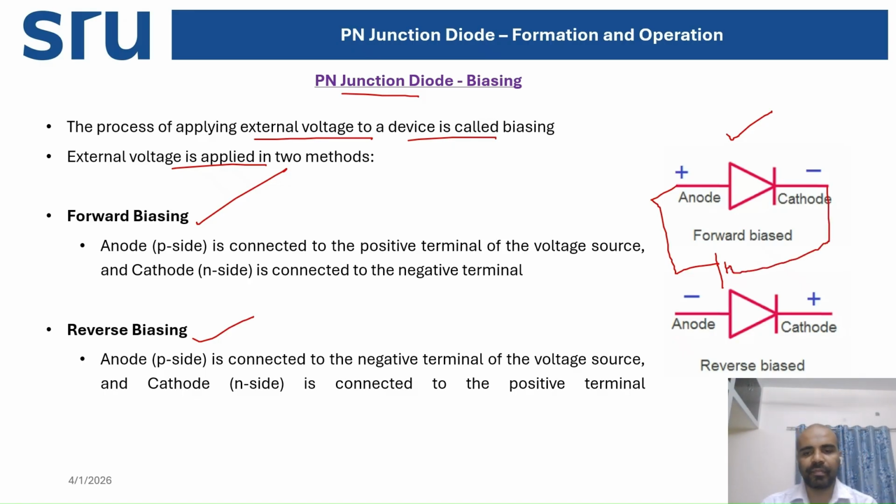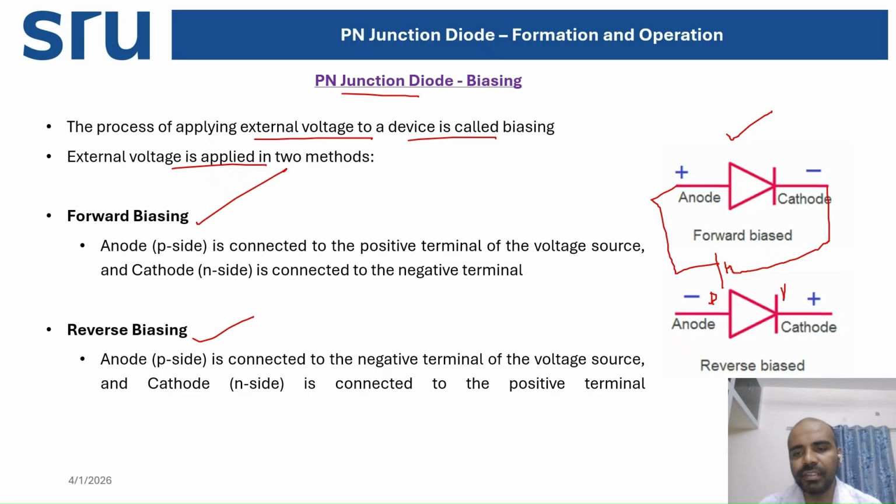If the negative pole of the battery is connected to the P side or anode, and the positive pole of the battery is connected to the cathode or the N side, then it is in reverse bias condition.